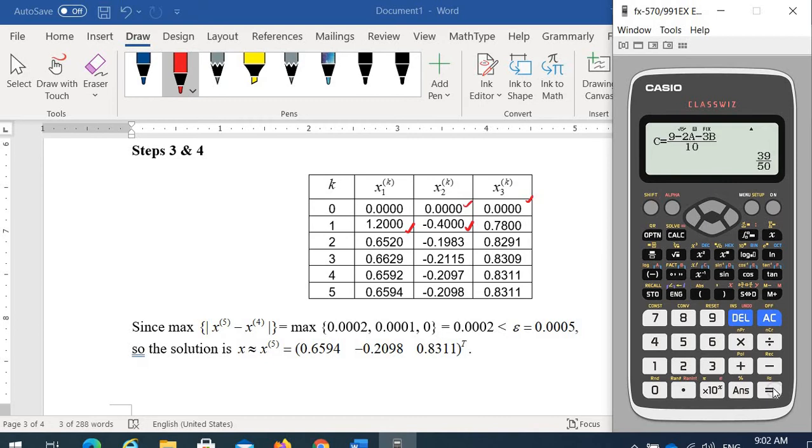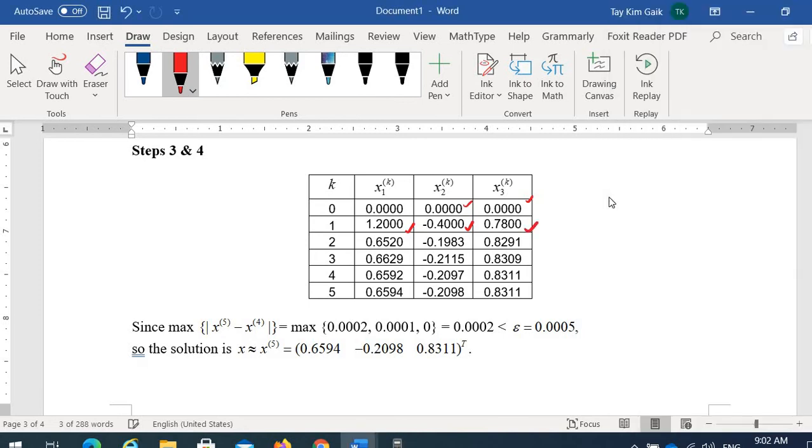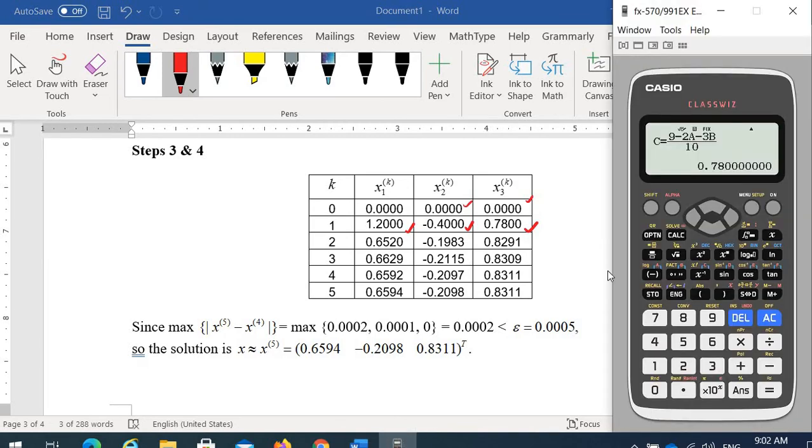You equal again, okay, change to floating, so you get this C, because A value 1.2, B value negative 0.4, automatically plug in and store in C, so 0.78. Okay, and then if you equal again, you will get to iteration 2.